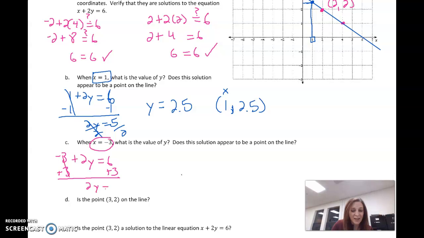I have 2y equals 9, and I divide both sides by 2. 9 divided by 2 would be 4.5. So if my x value is negative 3, my y value is 4.5.